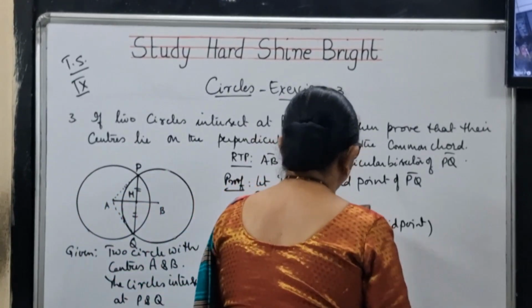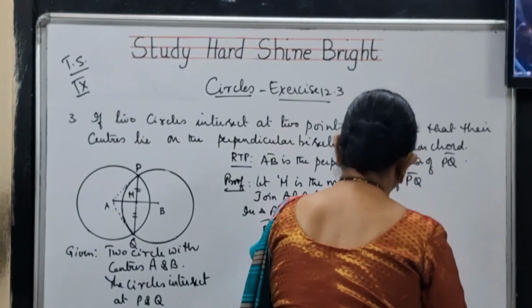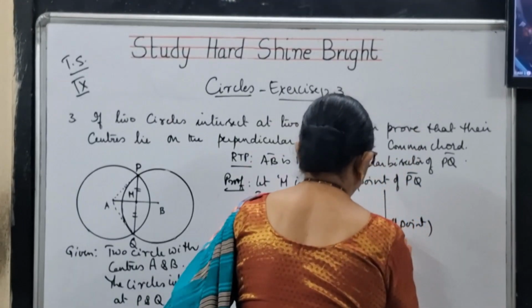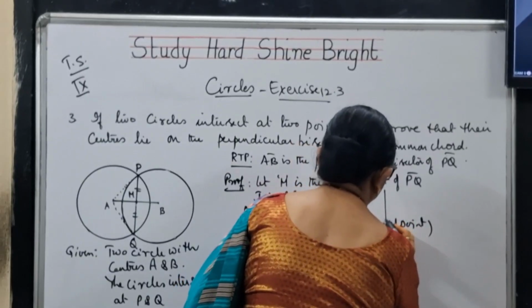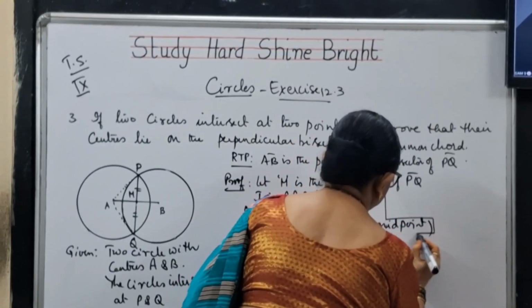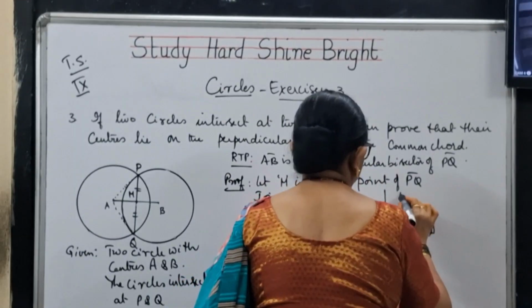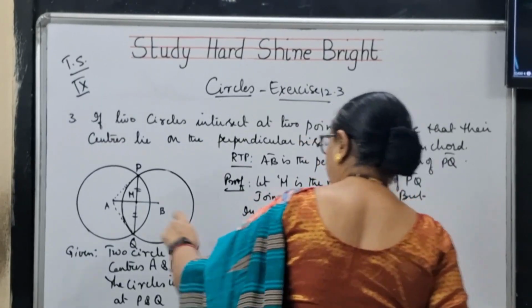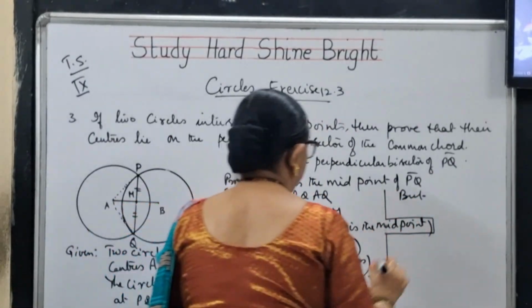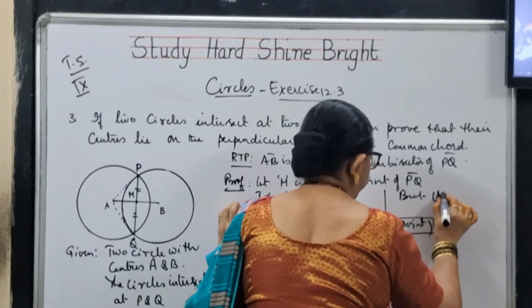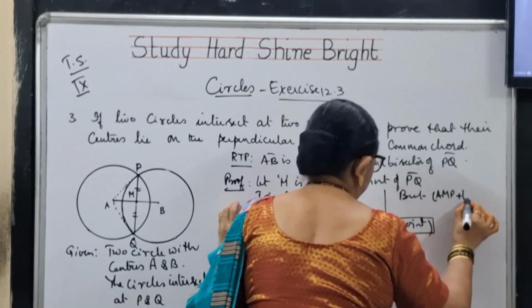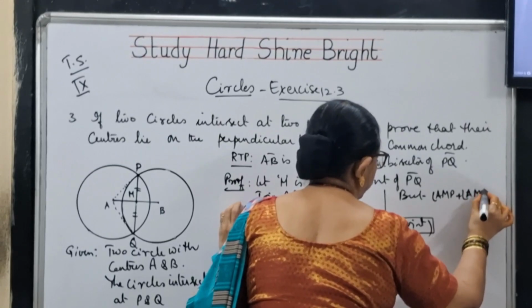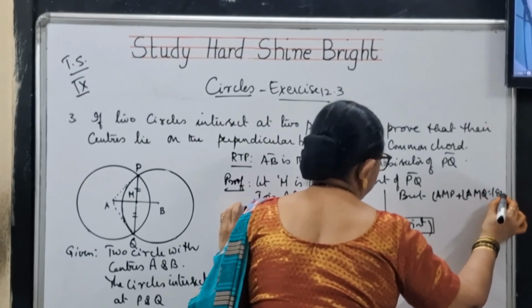So what we can say? I'll write it here, children. But what we can say, angle AMP plus angle AMQ is equal to 180 degrees.